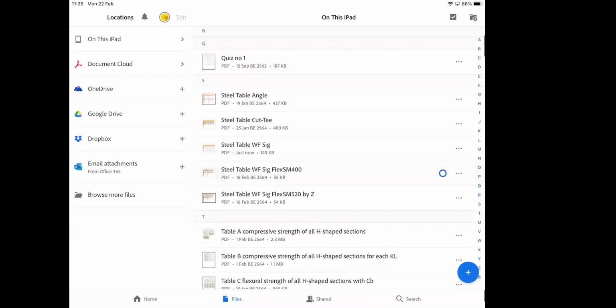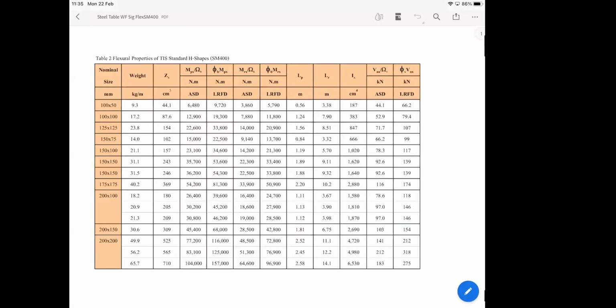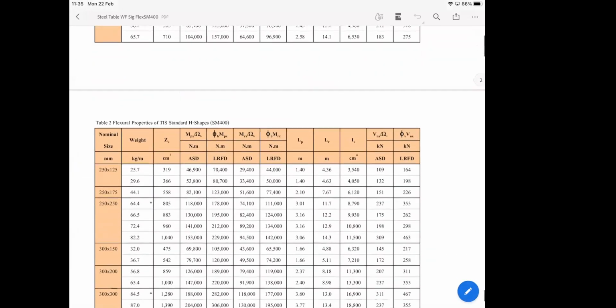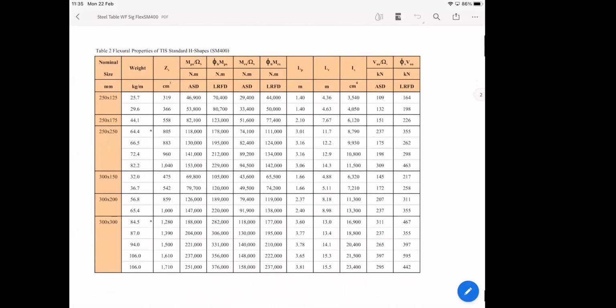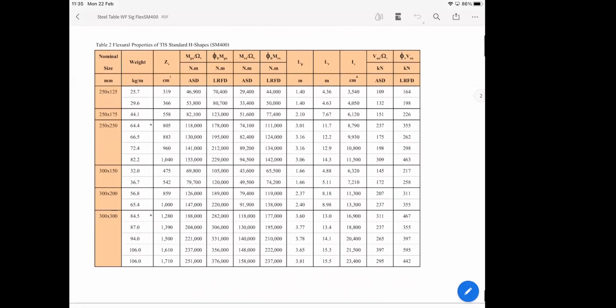This is SM400. Now I have everything available for you, but for some reason, during the development, they want the universal unit. And the thing is that the universal unit, kilogram, is not a unit for force. But some countries use it extensively.